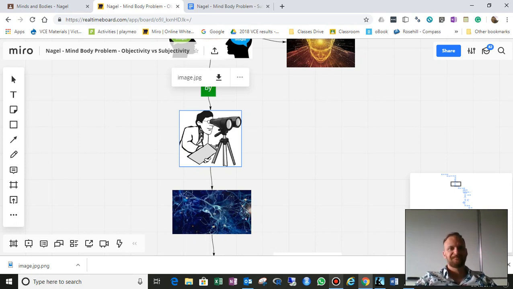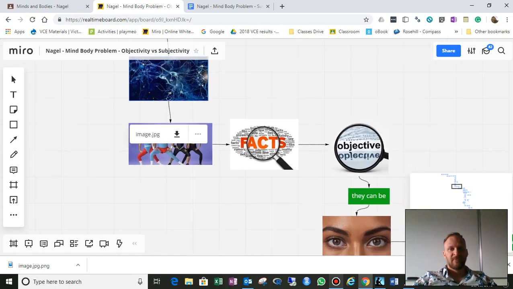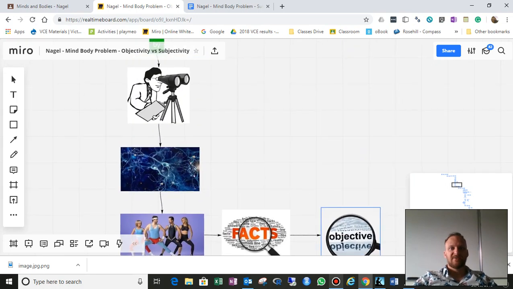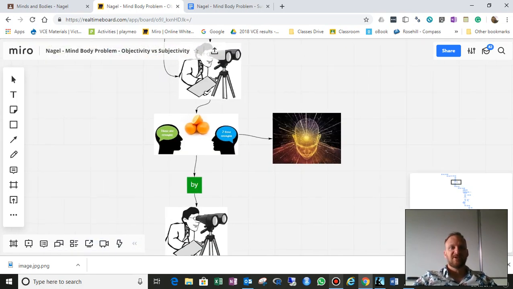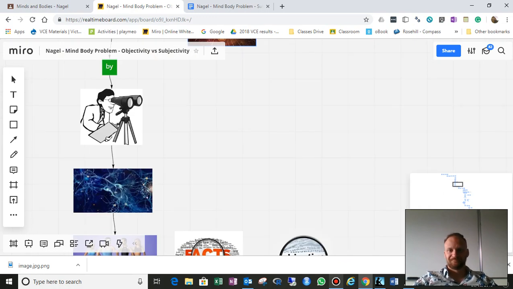Take a note. Physical facts tend to be explained by objective language, whereas we know that really only subjective accounts of consciousness can do. Okay?